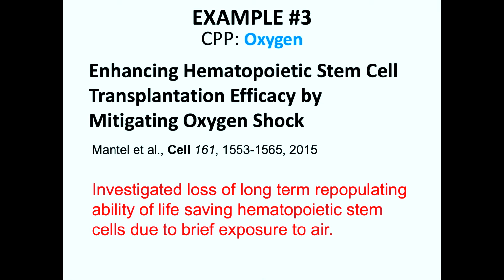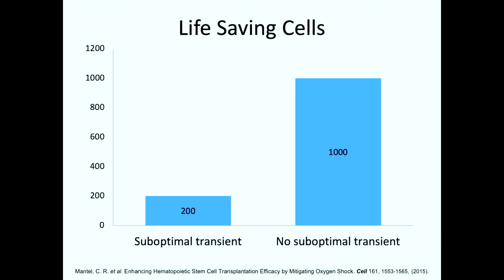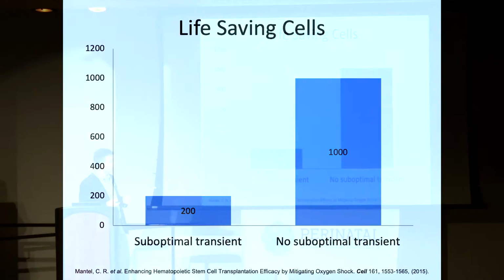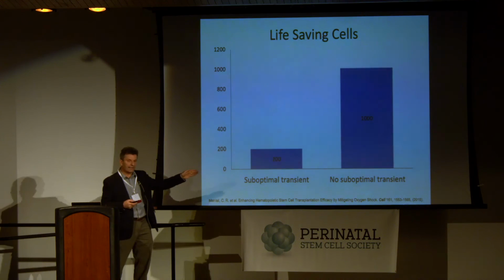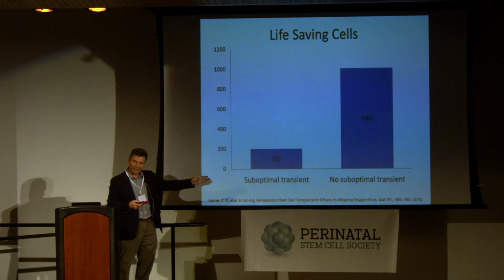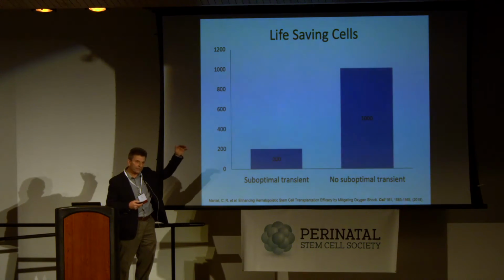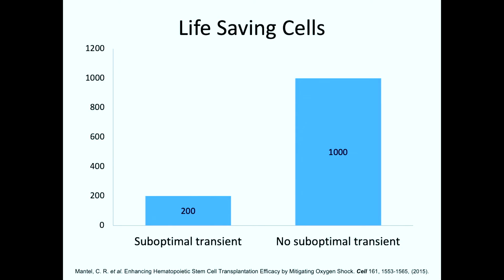And they were looking at what happens to them when they get exposed to air. And what they found was as soon as these cells see their first rise in oxygen from air, they lose a major amount of their life-saving phenotypic character. And if they eliminated that one suboptimal transient, they get 4, 5, 6 times more repopulating capability.